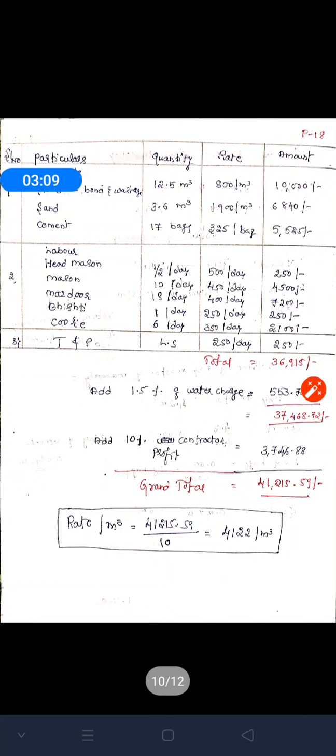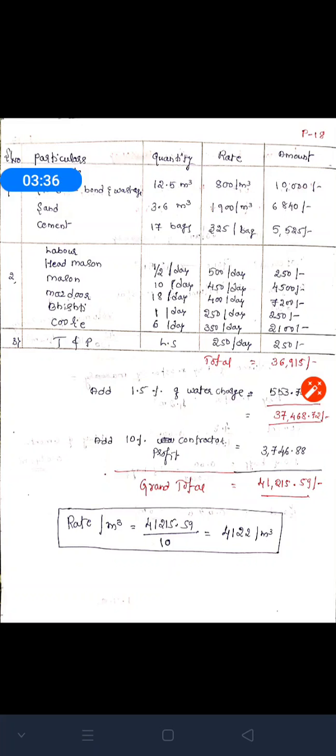Then we should prepare the rate analysis in a tabular column: serial number, particulars, quantity, rate and amount. In that we should consider the stone, including bonding and wastage, which is 12.5 meter cube.